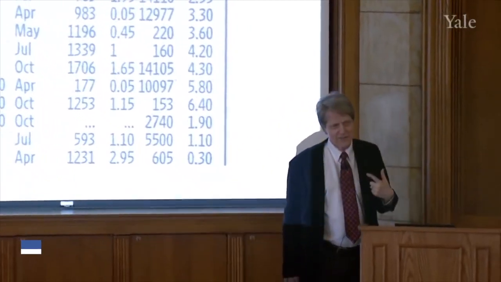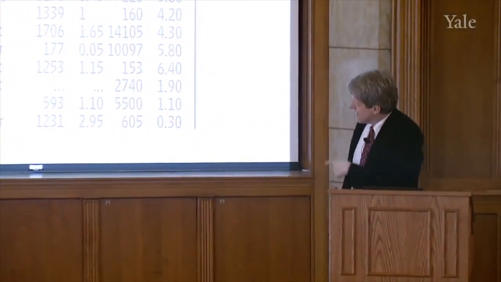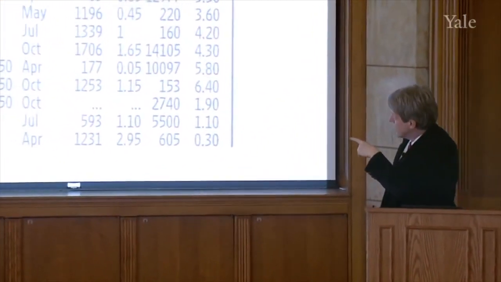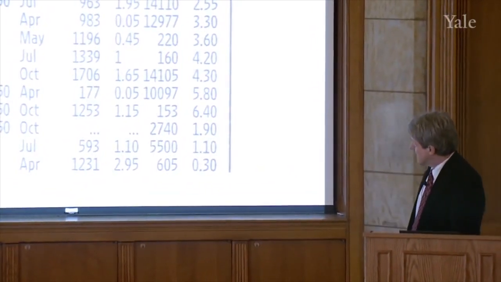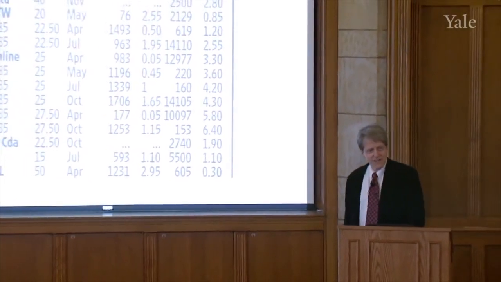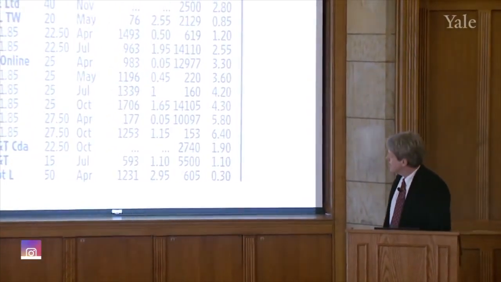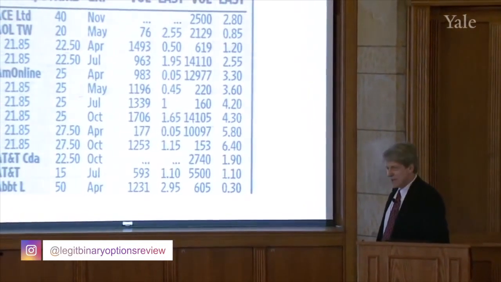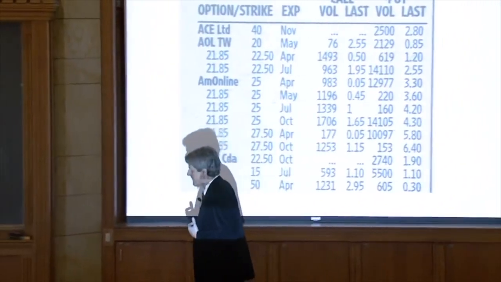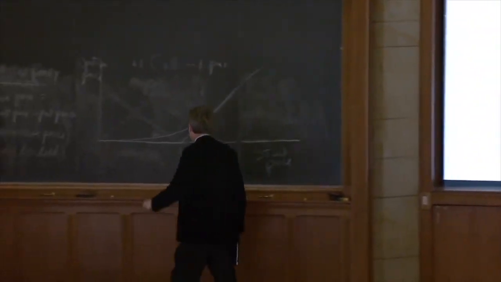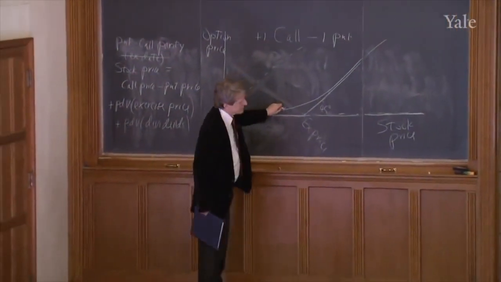Well, you could say intuitively, it's because $21.85 is pretty far from $25. And this option only has a month to go. What's the chance that the price will go up that much? Well, there is a chance, but it's not that big. So I'm only willing to pay 45 cents to buy an option like that. So we're somewhere like here on that row that I showed you.